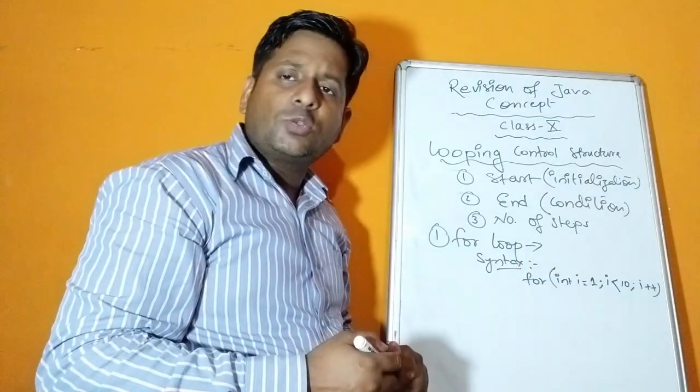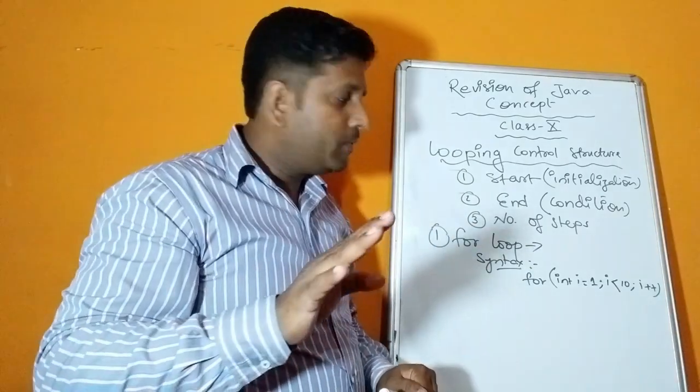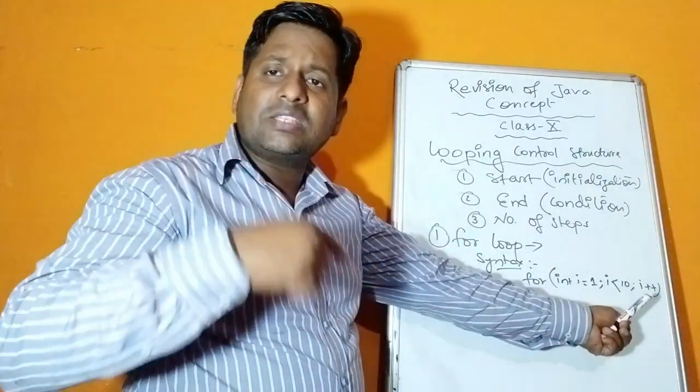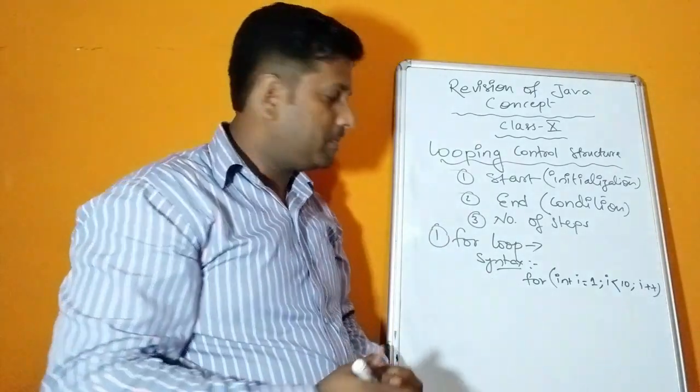Initially the value of i is 1, it will move up to less than 10, means up to 9, condition is true. Once it reached 10, condition becomes false, and every time it will take a step of how much? 1, because I have given i plus plus.